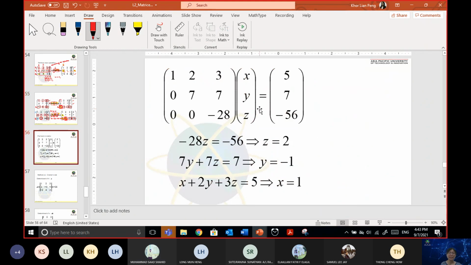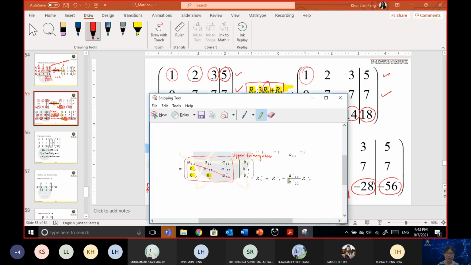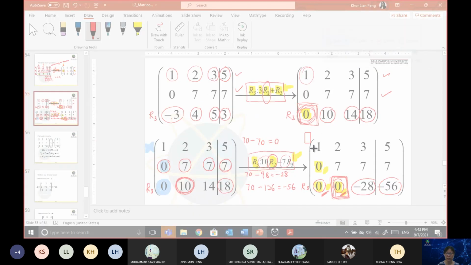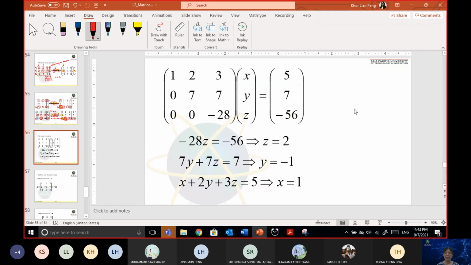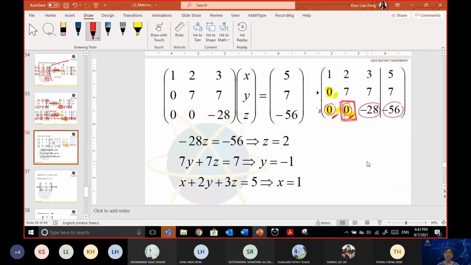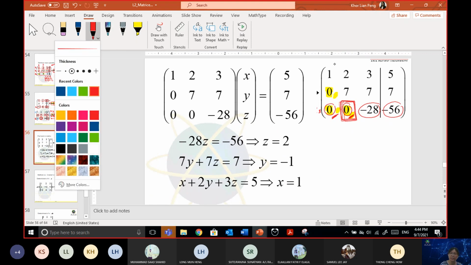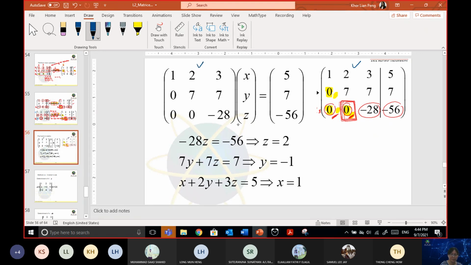Can you see this is what we achieved just now? For the elementary row operations, I managed to get this matrix. Then I will rewrite my matrix as this one. For this part, I put it here. Then this is our unknown, x, y, z.